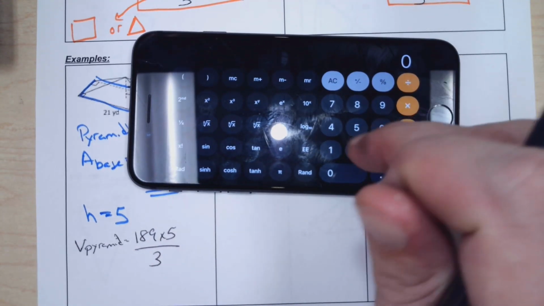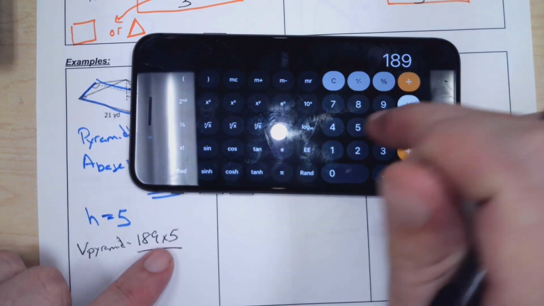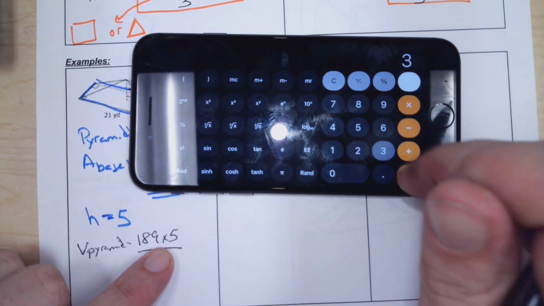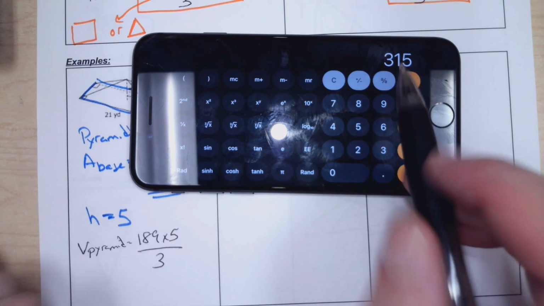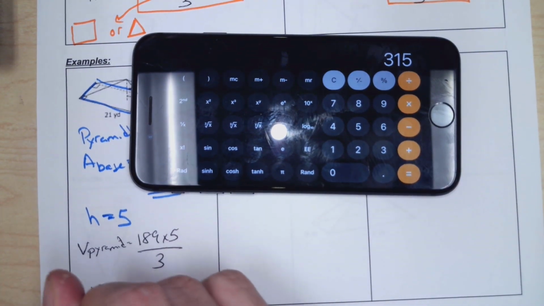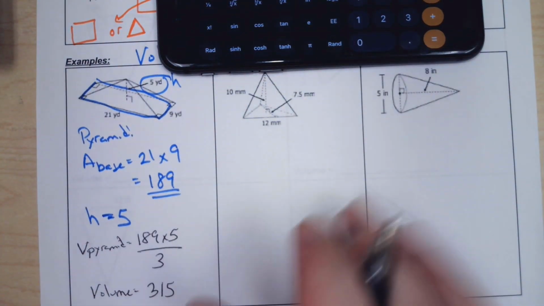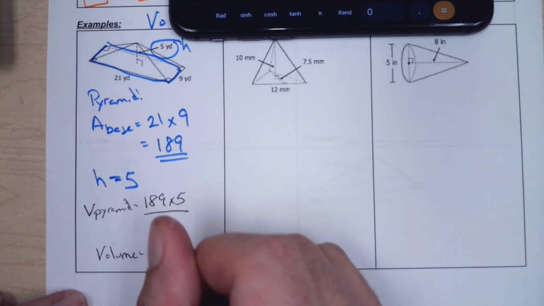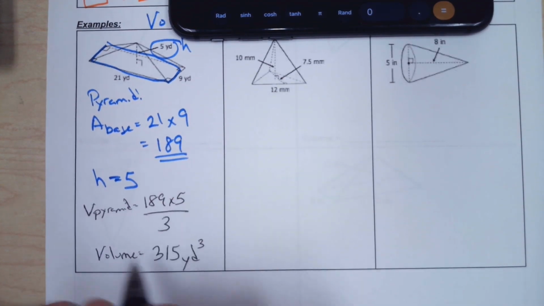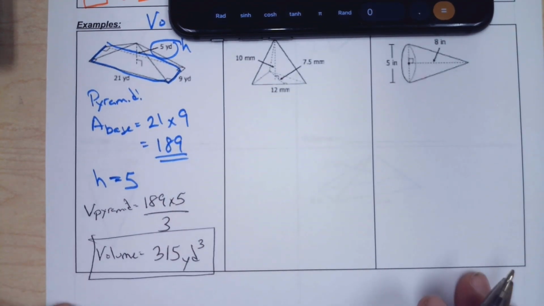Alright, so 189 times 5 divided by 3. 315. So the volume is equal to 315 units or yards cubed. Okay.